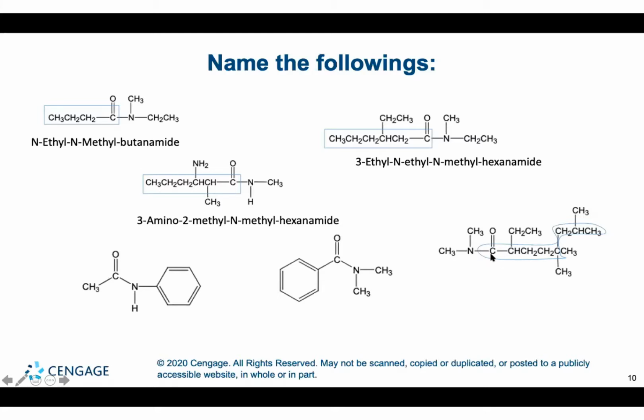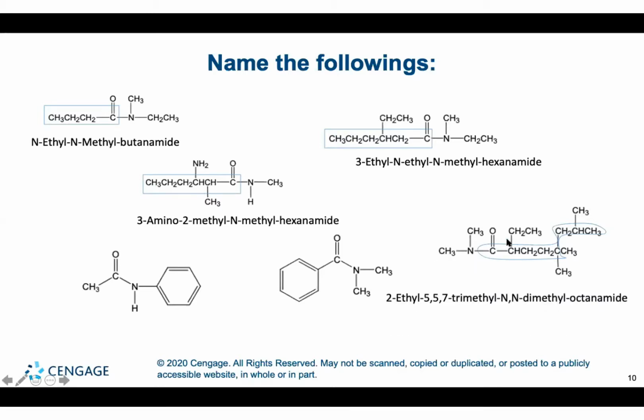Here we start numbering from the carbonyl group, 1, 2, 3, 4, 5, 6, 7, 8. So our longest chain includes 8 carbons, which is oct, right? So then we write down the branches alphabetically.